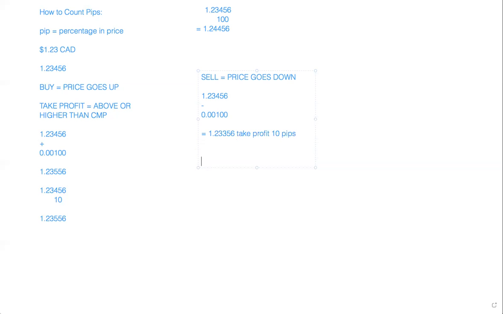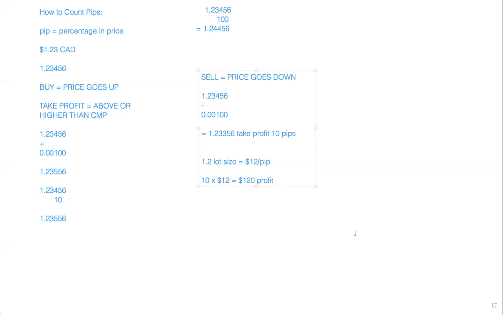So if on this trade you were using a 1.2 lot size, that's worth $12 per pip. And so in this case, if we earned 10 pips, we would go 10 times $12, which would give us $120 profit. That's what we made on this trade.